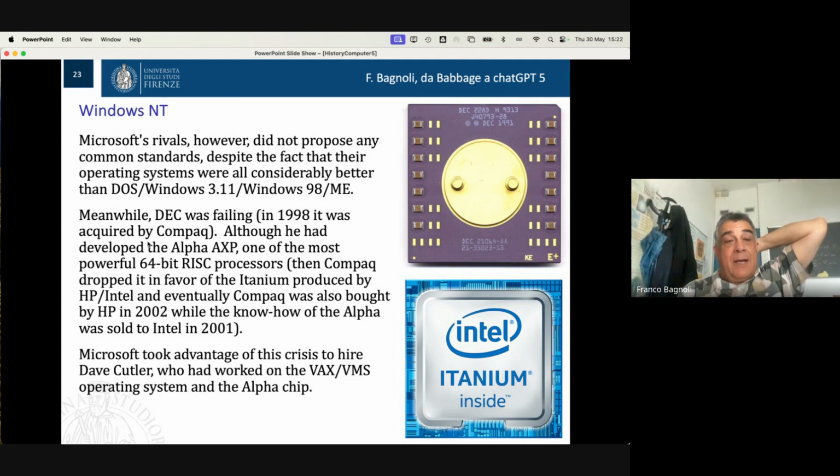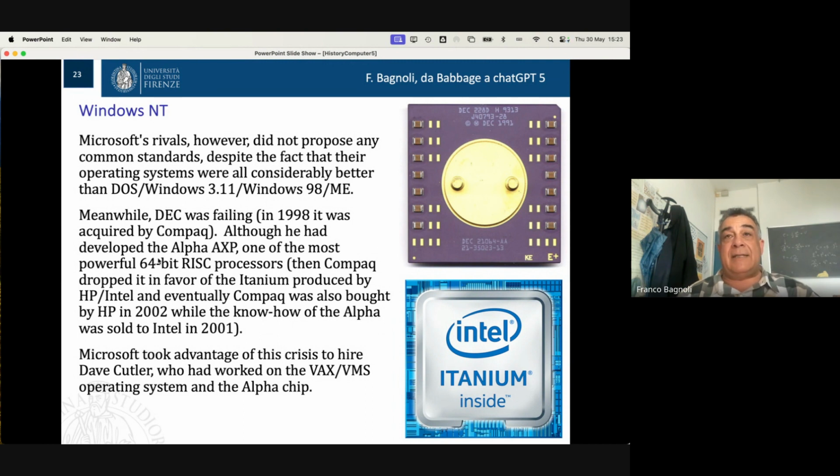But in the meanwhile, DEC was failing, and I remember it was quite shocking news. In 1998, it was acquired by Compaq. Now, Compaq was a producer of PC clones, while DEC was such a big company with very sophisticated minicomputers, but very large minicomputers. The physics department was full of VAX, and the whole INFN network was running on VAX. So it was quite a shock.